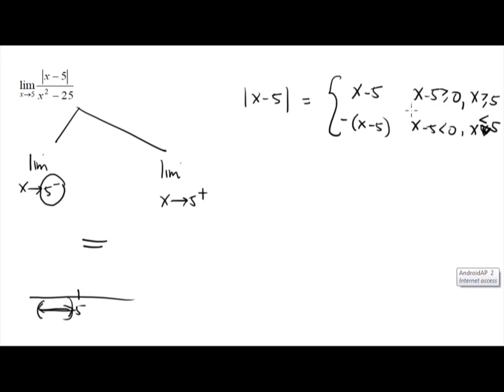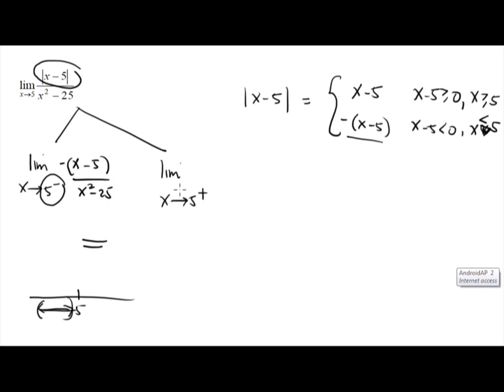When you go back to the definition, the absolute value of x minus 5 is negative x minus 5 when x is less than 5. So when you replace this absolute value, it should be the negative of x minus 5, and then just copy x squared minus 25.